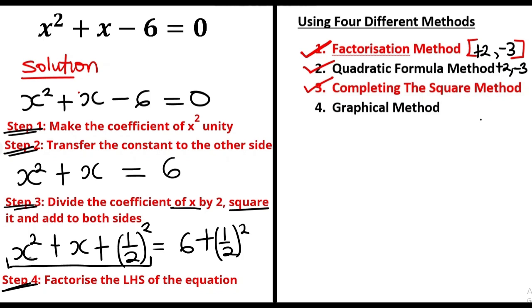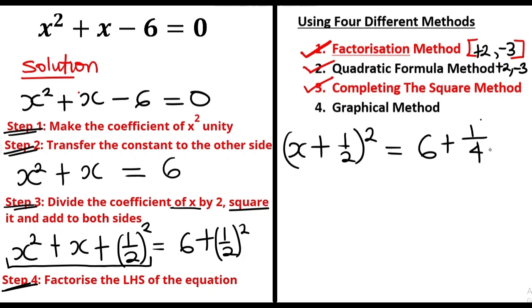Doing this, we have x plus half, raised to the power of 2, equals 6 plus 1 squared, that is 1, over 2 squared, that is 4, so 6 plus 1 over 4, which is the same thing as 25 over 4.